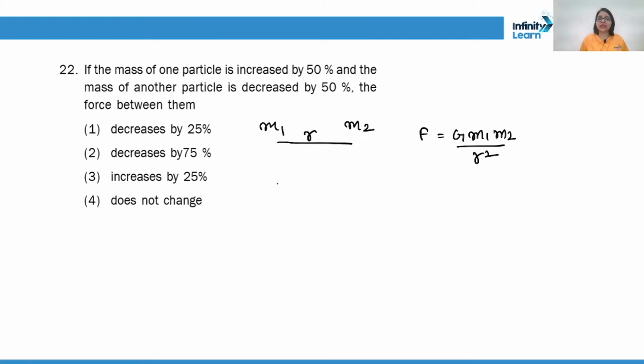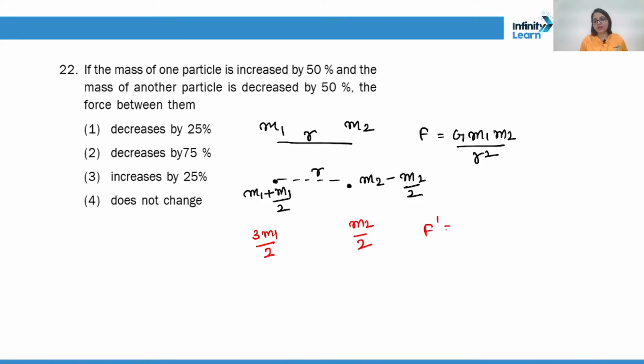Now you are increasing one particle by 50%. So new mass of m1 will be m1 plus m1 by 2, and you are decreasing another mass by 50%. So new mass of particle 2 will be m2 minus m2 by 2, and the separation is r.